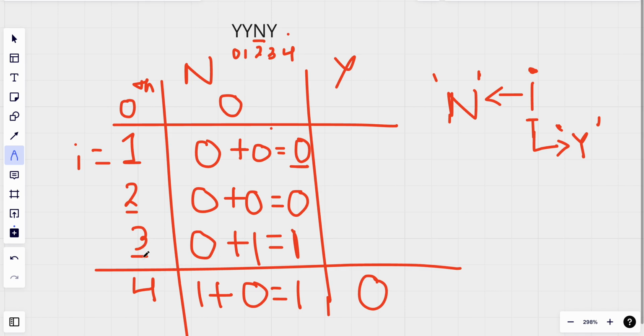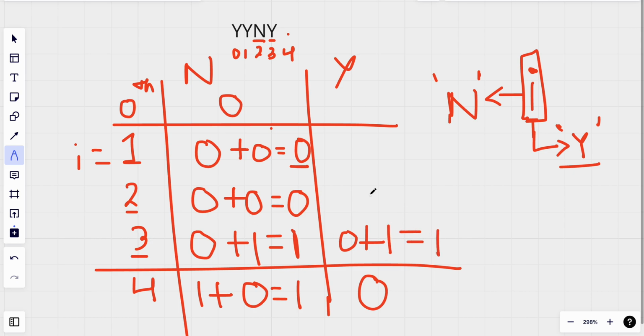Now for index 3, we find the number of y's after that index. The y's after that is 0, we take that value plus the y at index 3. So at index 3 we have 1 y, so that is equals to 1.